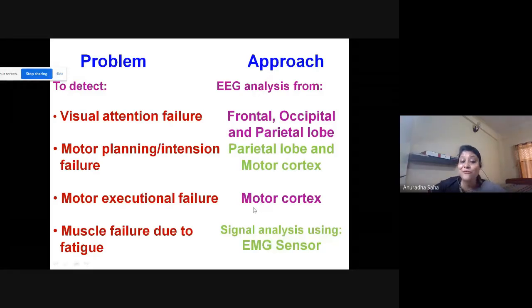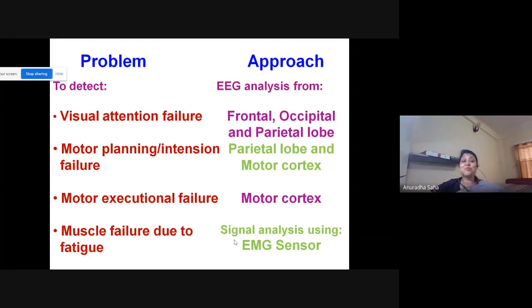And if the driver has muscle failure due to fatigue, due to not having proper sleep or proper food, then there can be a provision for extracting EMG signals, using EMG sensors that can be placed both on the hands and on the feet, so that we can analyze the signals using these EMG sensors.